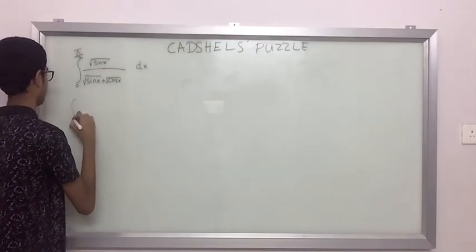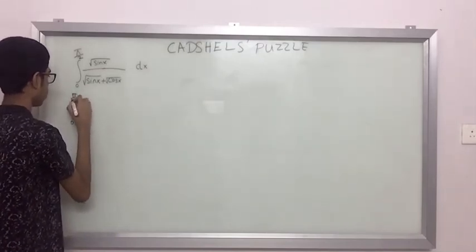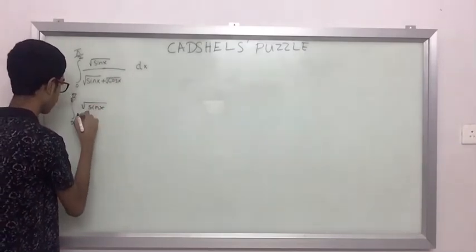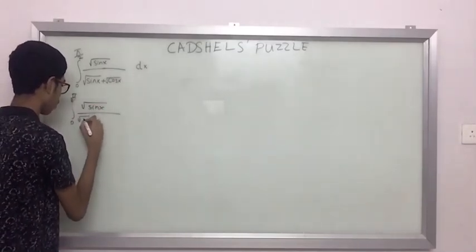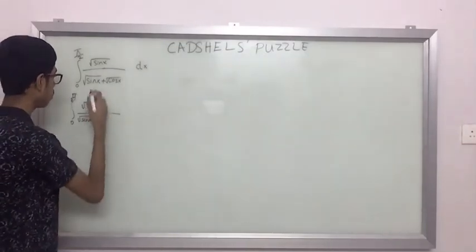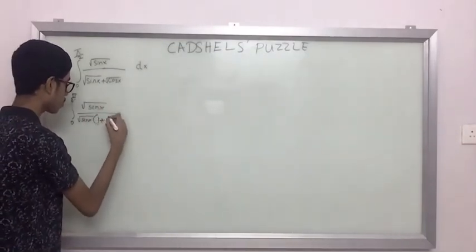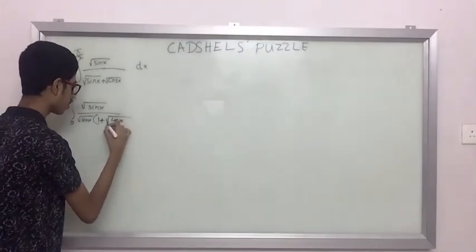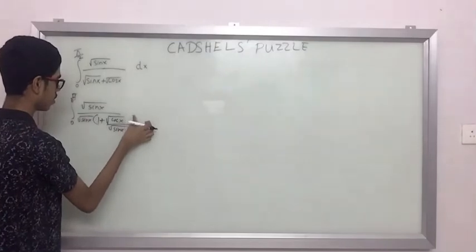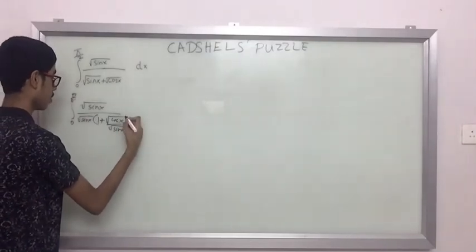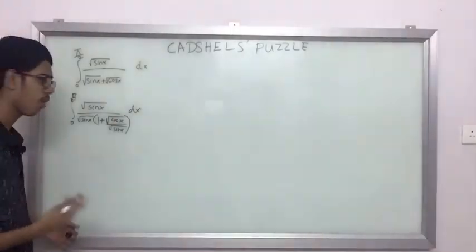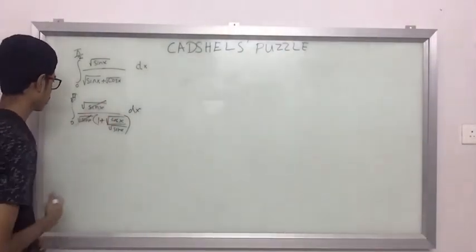Square root of sin x by square root of sin x into 1 plus square root of cos x by square root of sin x dx. Okay, now I will cancel this too.